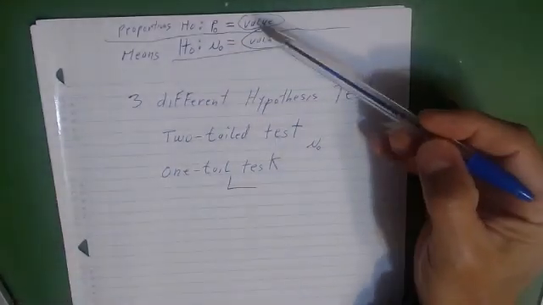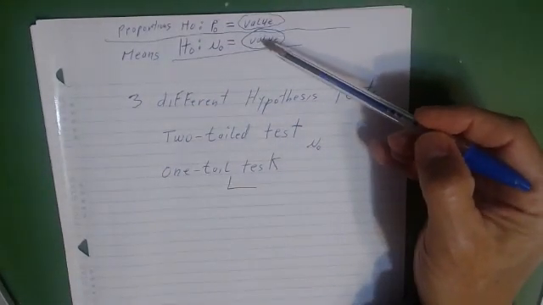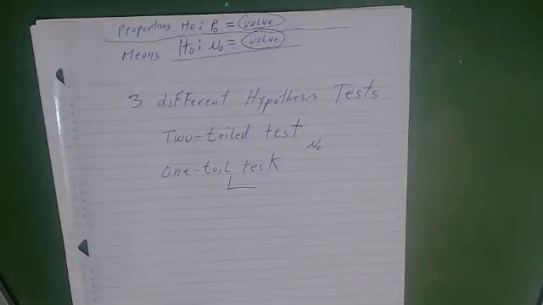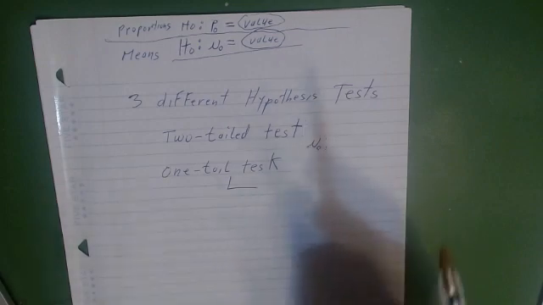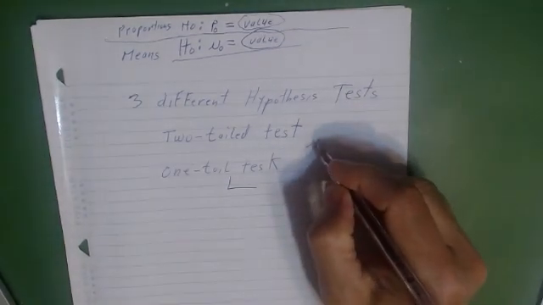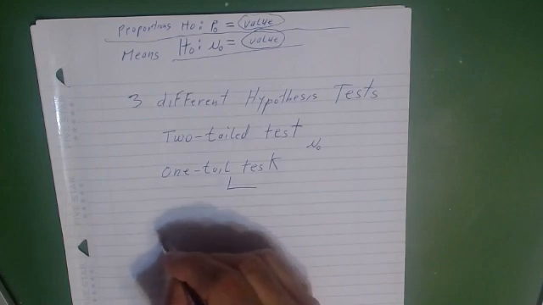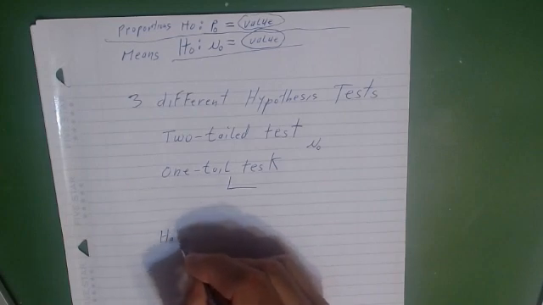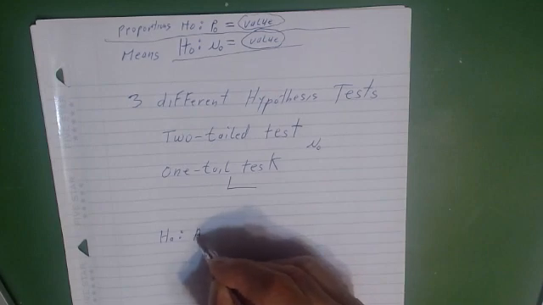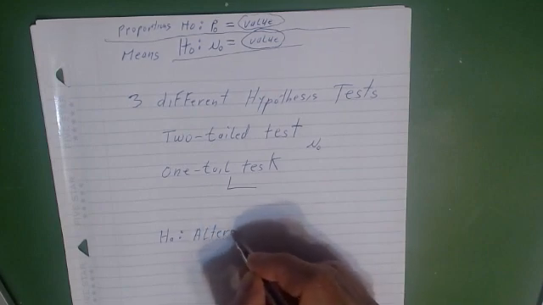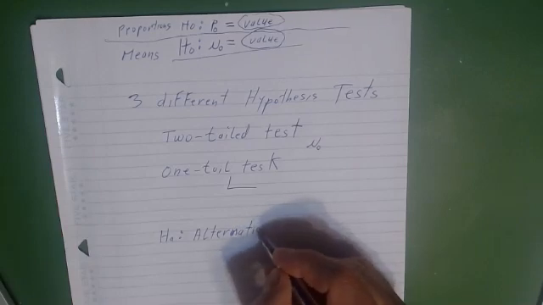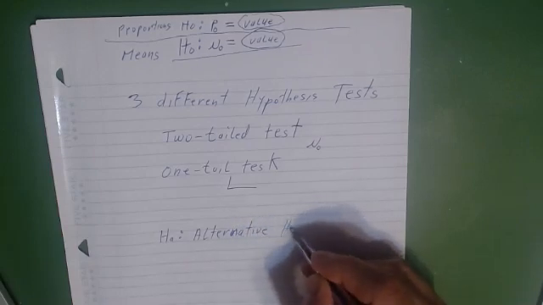And for each one of these, there are 3 different possible alternative hypotheses, okay? So HA, this is your alternative hypothesis, okay?